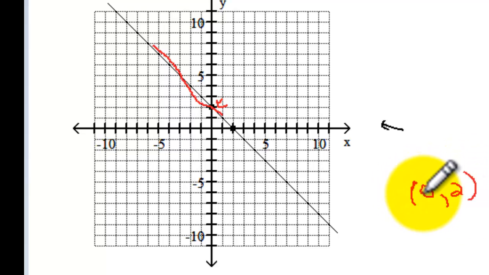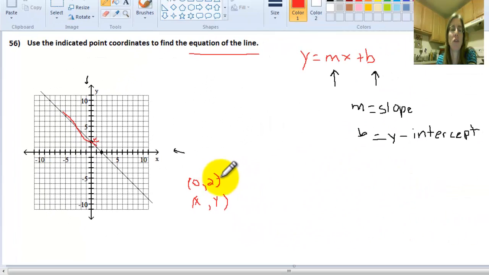So the actual point itself is 0, 2. And the y-intercept always has a 0 value for x, because remember, coordinates are built of x and y. So this is the actual point, 0, 2. But how we plug it into our equation is we just use the 2 for b. So b now equals 2.